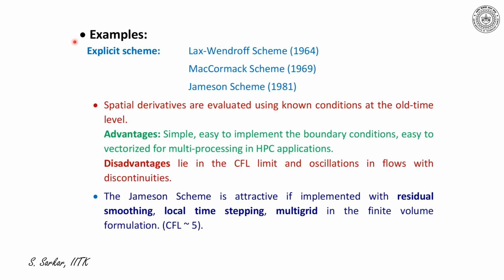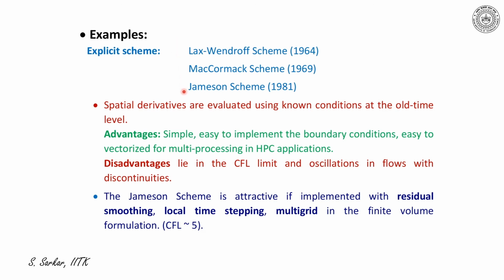I have cited here some examples. Let us consider first the explicit scheme. So all these formulations have been put in time-dependent form. Thus, a few known explicit schemes are the Lax-Wendroff scheme in 1964, the MacCormack scheme in 1969, and the Jameson scheme in 1981.